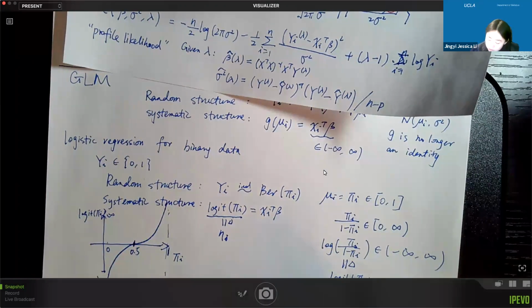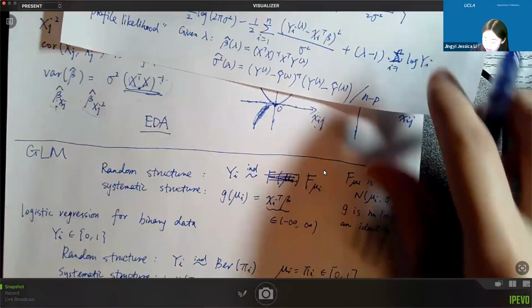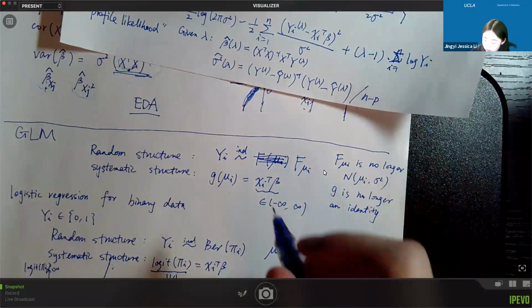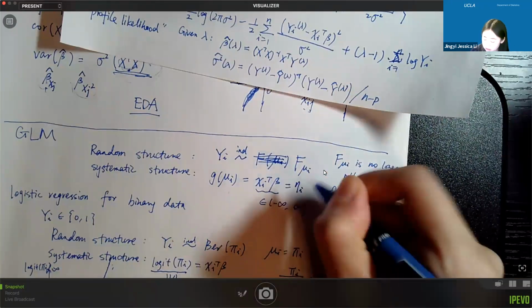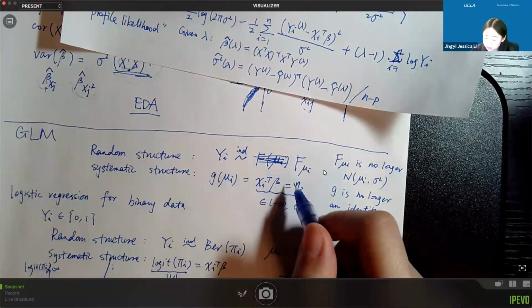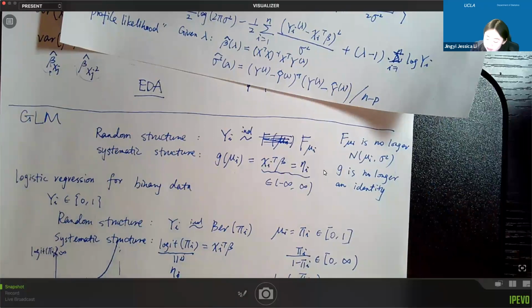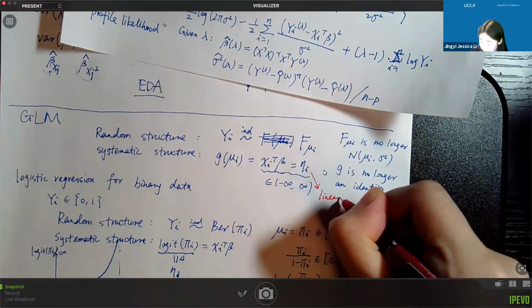In other words, what we wrote is g of mu I equals xi transpose beta, which equals eta I. So this eta I is defined to be representing xi transpose beta. And it has a name. It's called the linear predictor.